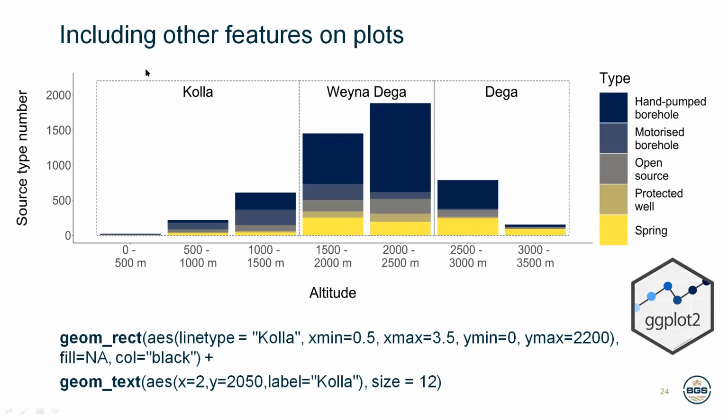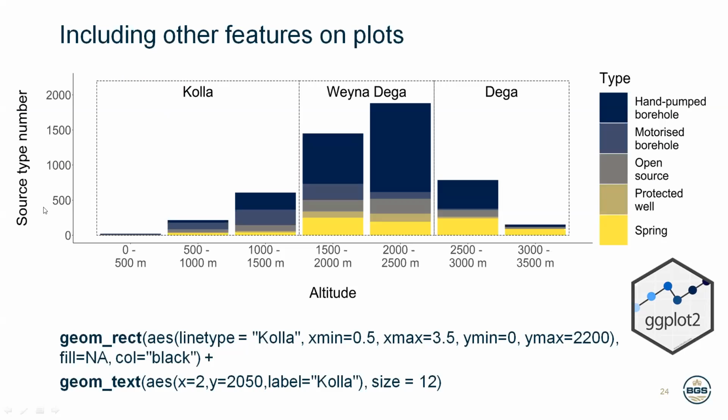To create these rectangles, all we do is we add another geometry by specifying geom_rect, which is geometry of rectangle, and we just give it X and Y coordinates to assign each of these rectangles. And then we add the text, and again, we just give an X and Y coordinate to ggplot2, and we can put the text within these rectangles.